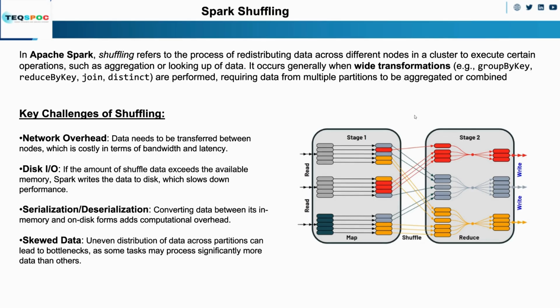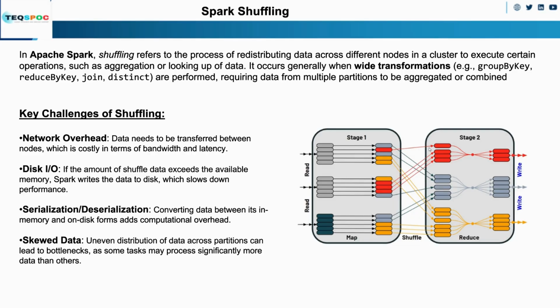Now in the second stage, when I call a group by or reduce by or any such wide transformation, which causes shuffling and another stage to be created, each and every key has been taken from each and every partition, and they are being assembled from different partitions as well.